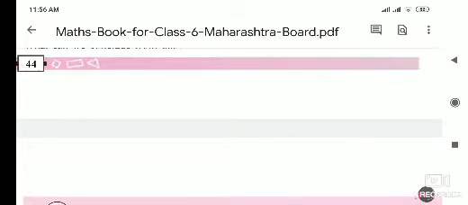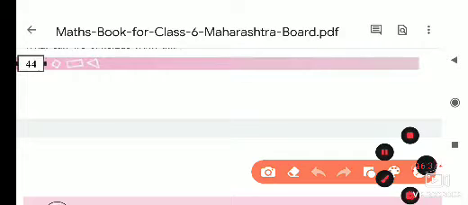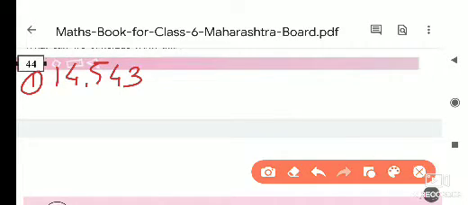Now I am going to give you some examples for practice. You just decide whether the given numbers are divisible by 9 or not. First example, write down 14,543. Second number, you have to check 5,409.